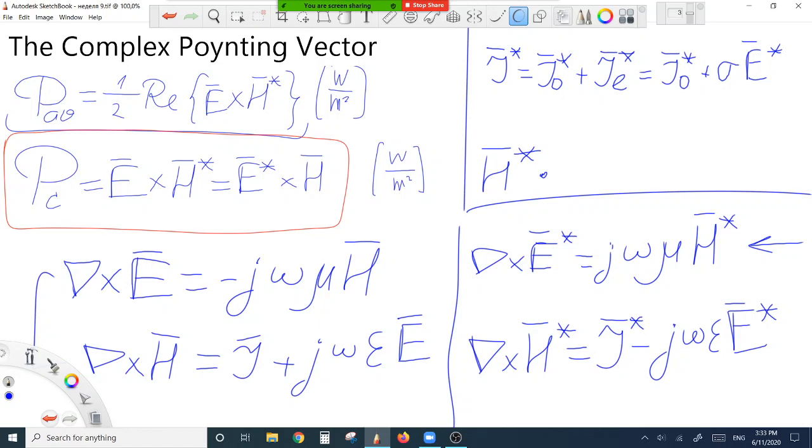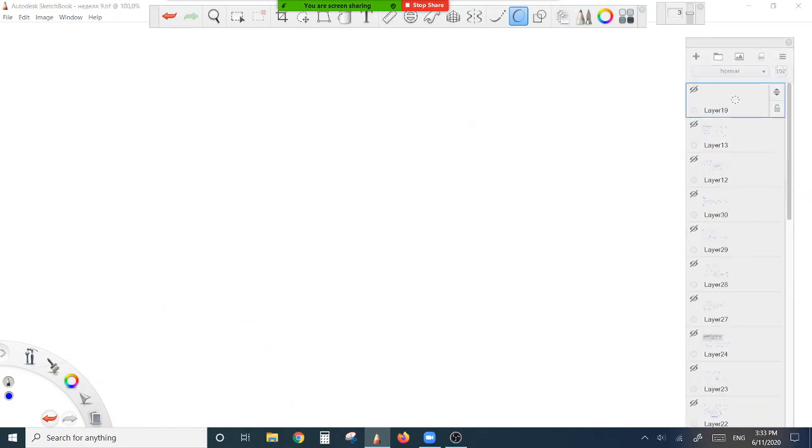No, not this, but we need to take the scalar product of H complex conjugate and this equation. And what we will have is H complex conjugate dot rotor of E.